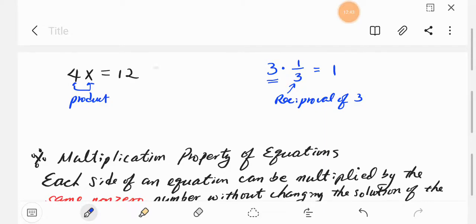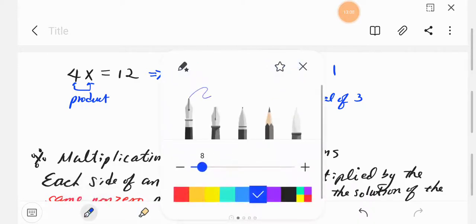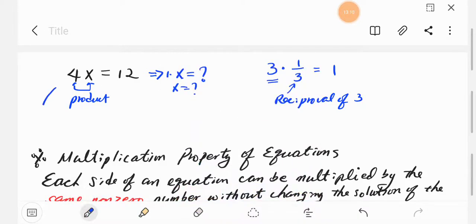So we want to change this into x equals something. This is a product, so we want to make it 1 times x. That is x equals something, right? So how do you make this 4 equal to 1? We multiply each side by the reciprocal of 4. Can you see it? Let me write it here again.